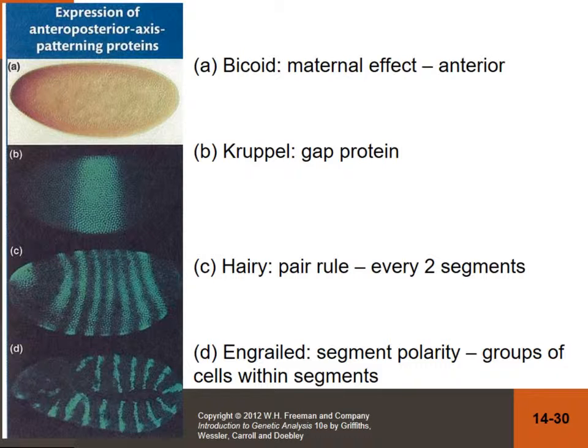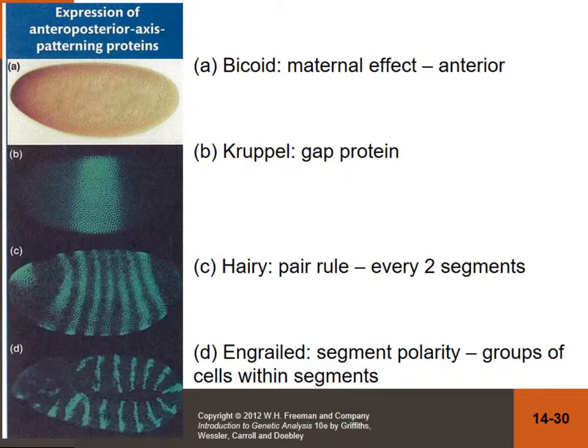And of course, this is the end of the embryo that's missing in the bicoid mutant, as we said on the previous slide. In B, they could see the expression of the Kruppel protein, which is a gap protein, and it seems to be expressed in a large segment in the center of the embryo.